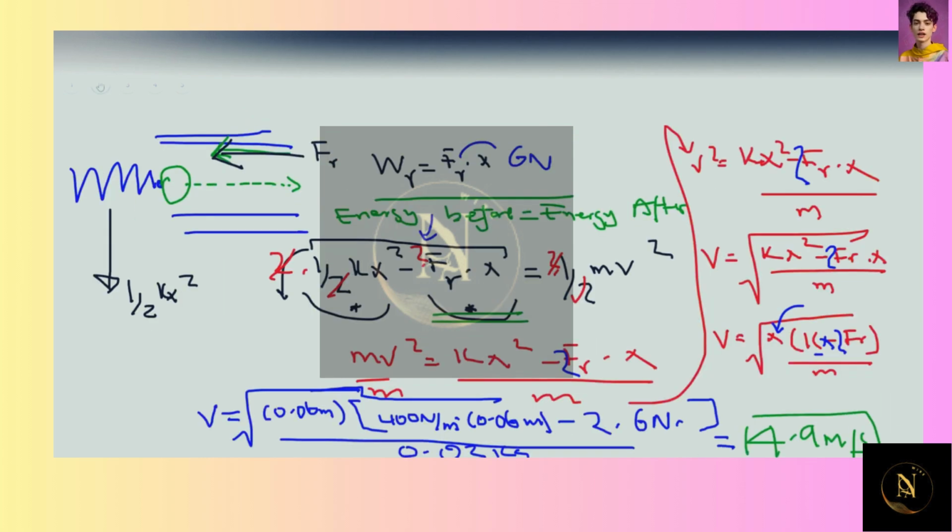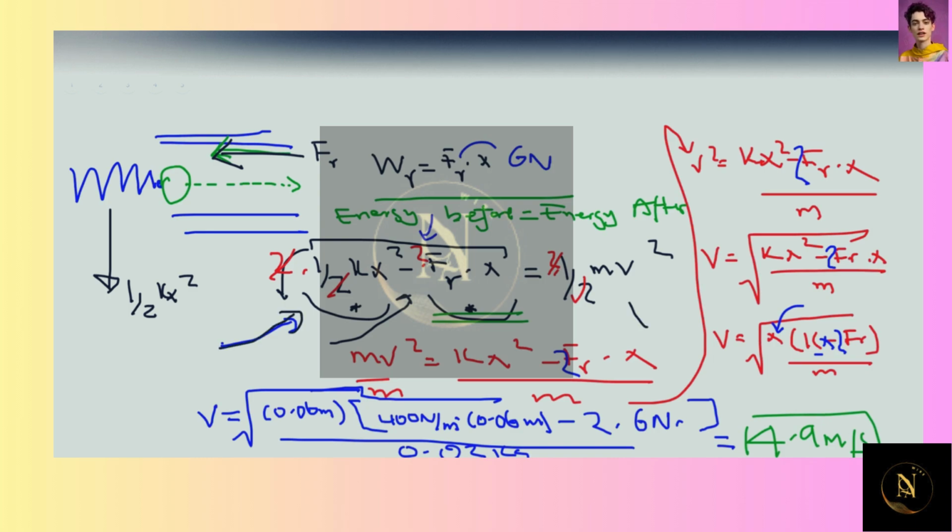In the second part we have an external force coming in, so we have to account for that. The external force is taking away from the kinetic energy, reducing it because it's reducing the elastic potential.